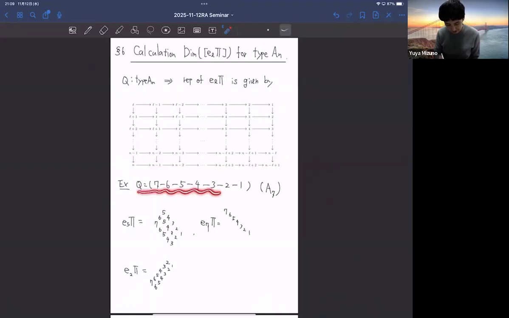This is the shape of the indecomposable projective for the case of type An. For example, let's consider type A7. Then the indecomposable projective, usually described as P5, has the following shape. So this is the top, and this is the socle. The top is 5, and we have a 2 like this. So just omit the orientation.